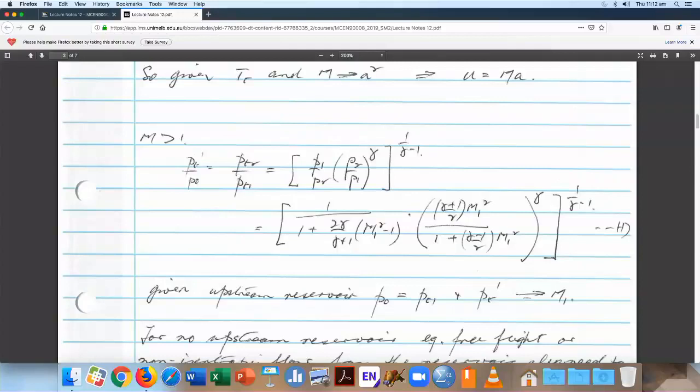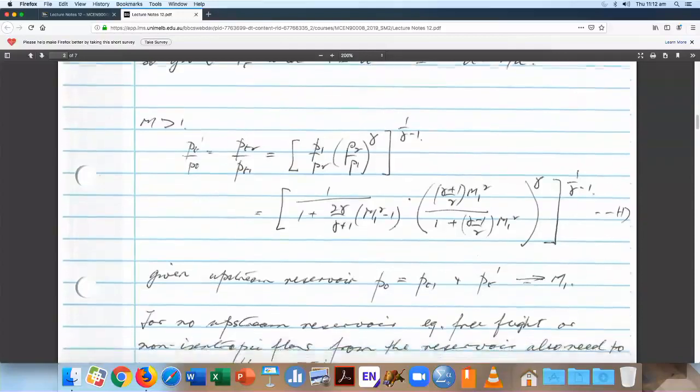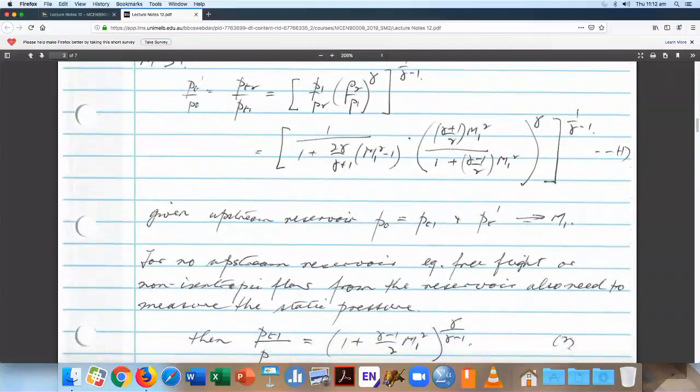So if I were in a wind tunnel and I knew PT1, then I could find M1 by measuring PT prime. I could get the Mach number, and I also have to measure the total temperature by the same trick as I did before in the subsonic case, and I can get the speed of sound, and therefore, since I know the Mach number, I know the velocity.